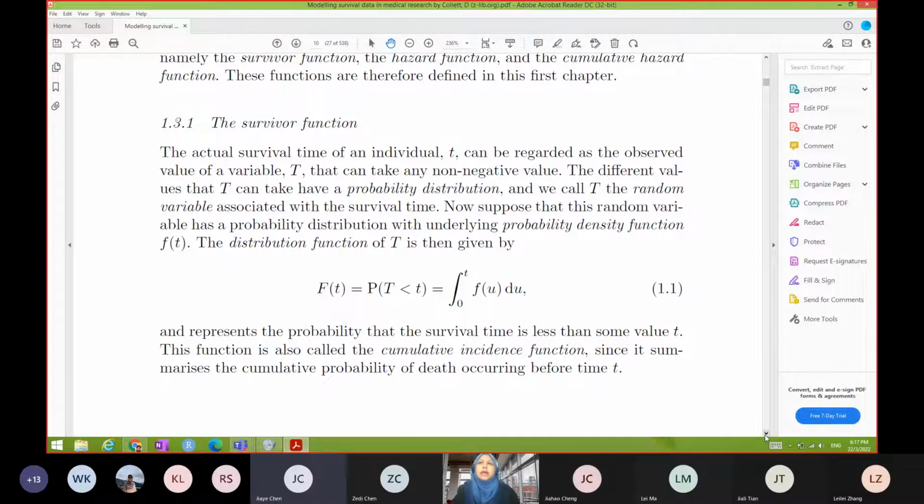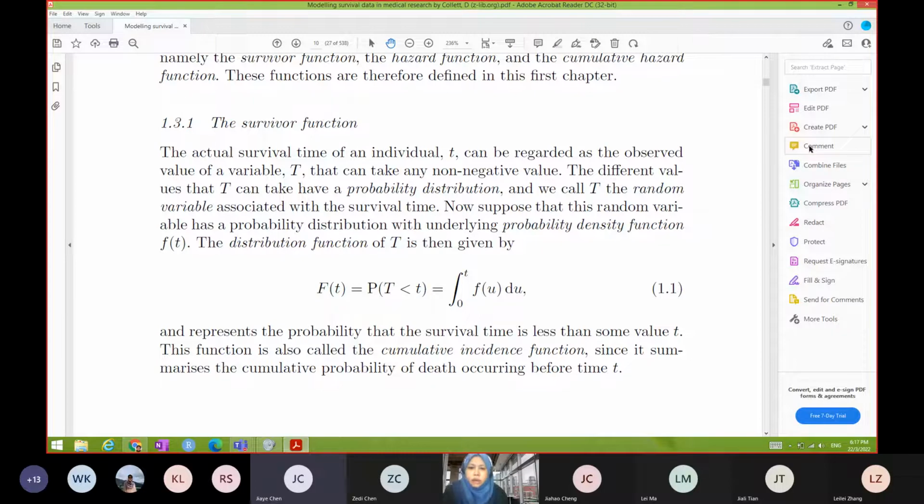So you need an event and also the time. We represent the survival time as a capital T that can take any non-negative value. The different values that T can take have a probability distribution, and we call T the random variable associated with survival time.